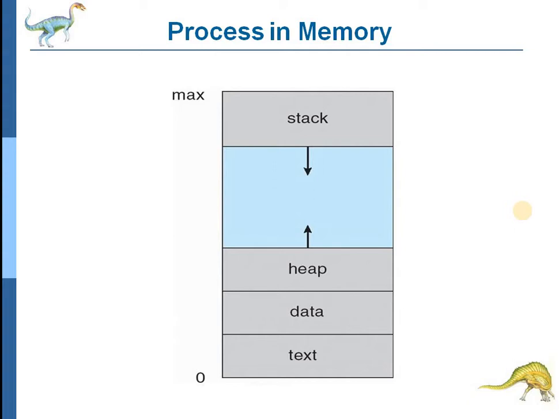In the text section, a process does not mean only the program, but it could contain some part called the text section. It may contain the current activity represented by the value of the program counter and the contents of the CPU registers.